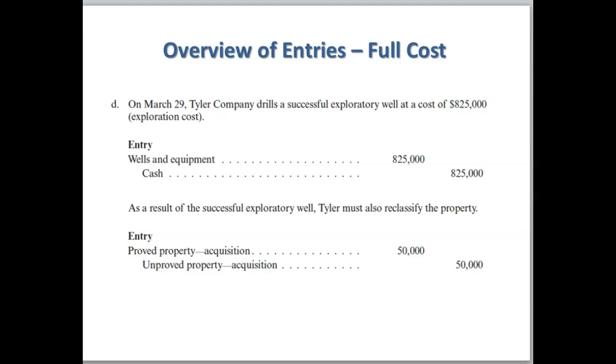Exploratory wells that are successful would be capitalized. So we're going to debit wells and equipment and credit cash. And as we did with the successful efforts method, we need to reclassify our acquisition costs of $50,000. So we would debit proved property and we would credit unproved property.